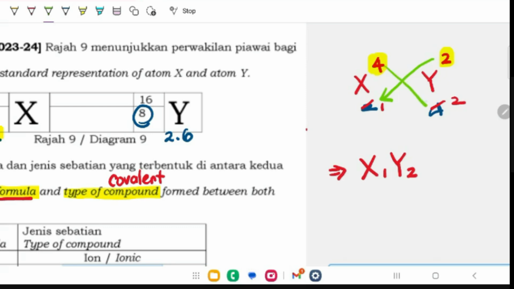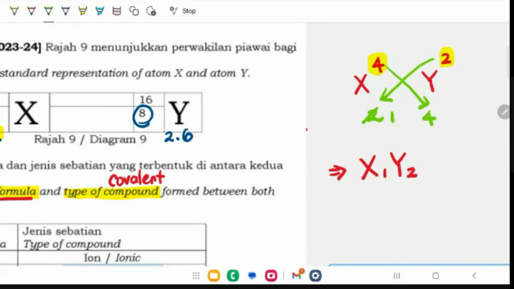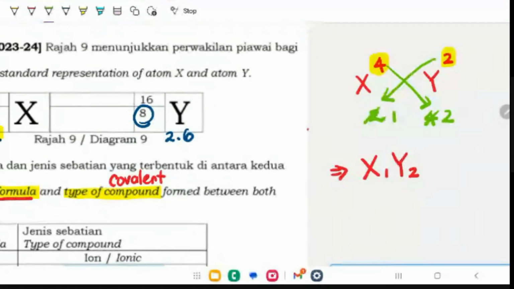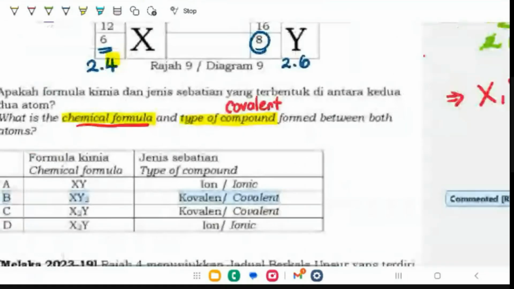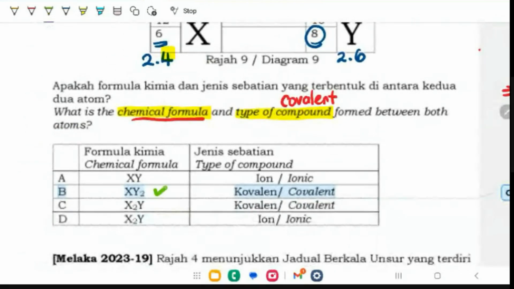This one 4 goes here. This one is 2, this one is 4. Then you simplify, this one is 1, this one is 2. Okay, class? So the formula is XY2. XY2 is covalent. Okay, if you see the ionic, confirm out already.